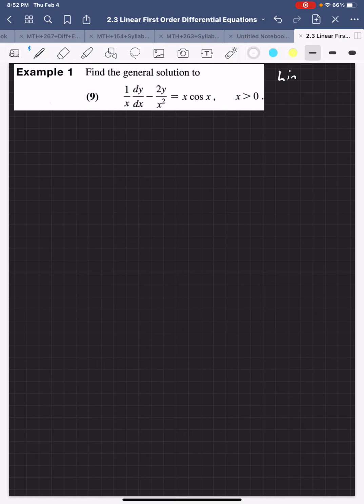We said that linear differential equations can be written as dy/dx plus P of x times y is equal to g of x. Again, I want to make sure I'm using the same notation that your book is using.